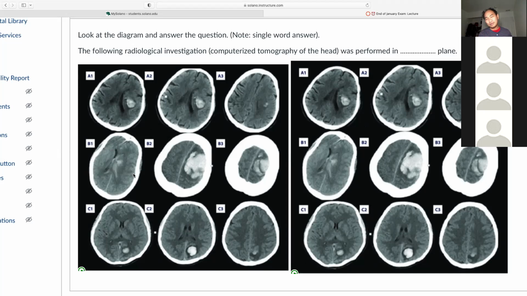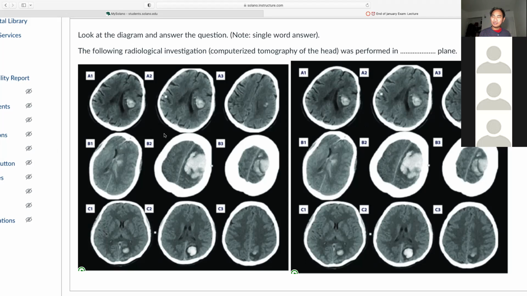Wait, is the top the front of their face? Yeah, the top is the forehead. Because in the CT scan, the patient is lying. If they are lying and they do the axial section like that, we see it like that. If they're lying, wouldn't the right be on that side?